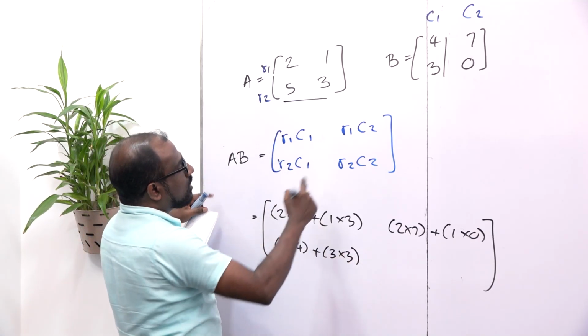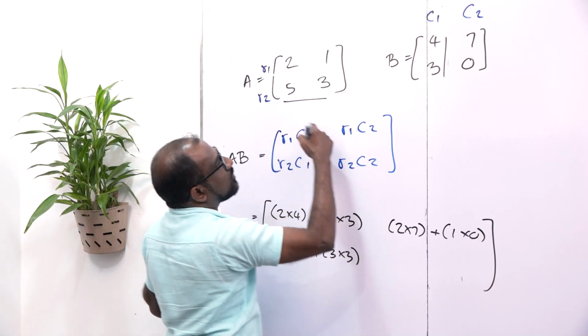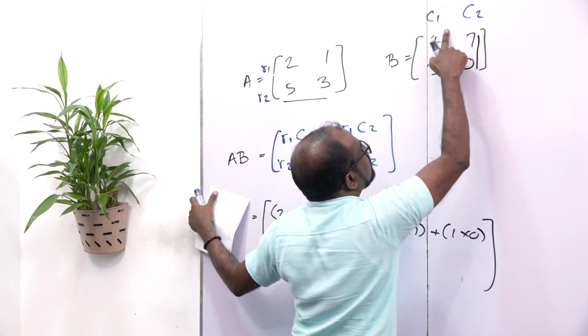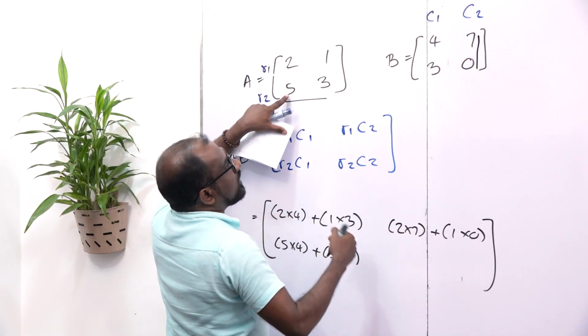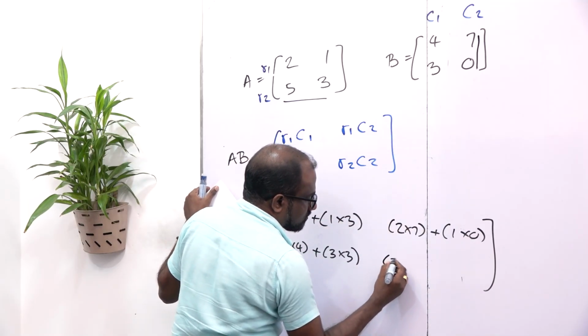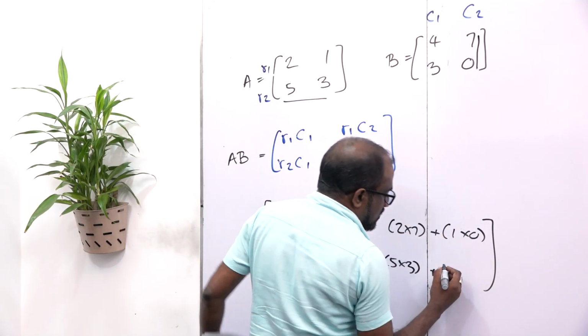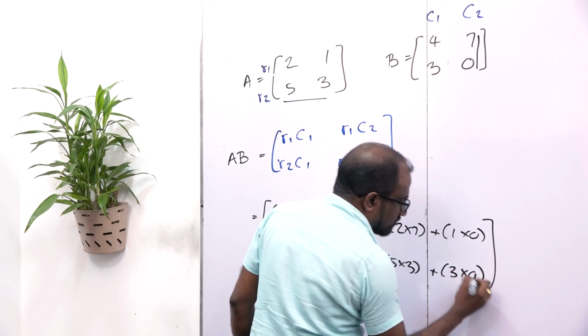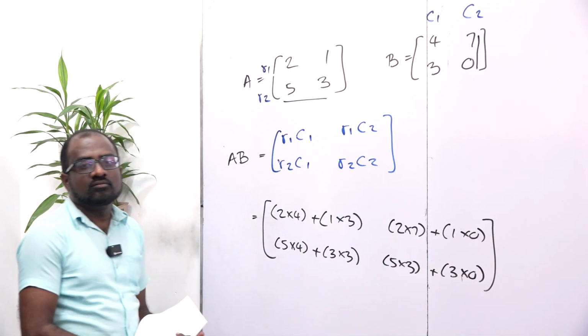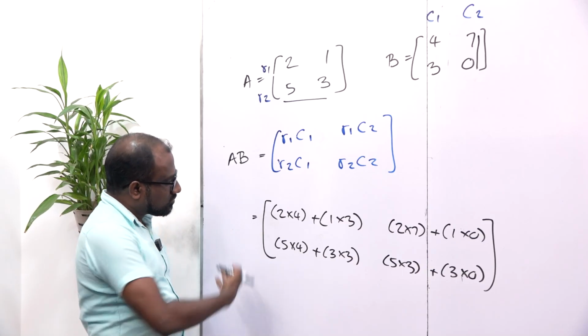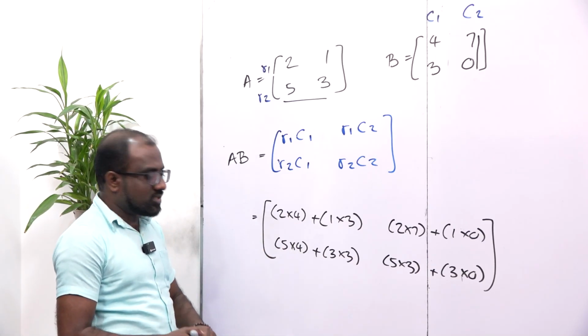The next one, row 2, column 2: second row with second column, 5 times 3 plus 3 times 0.